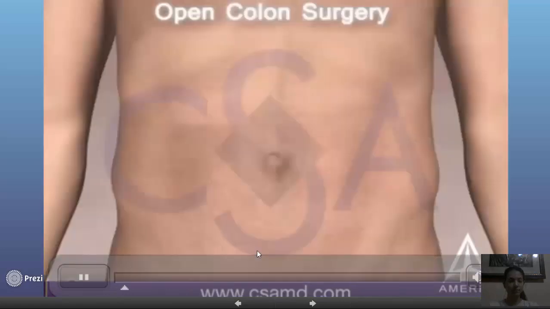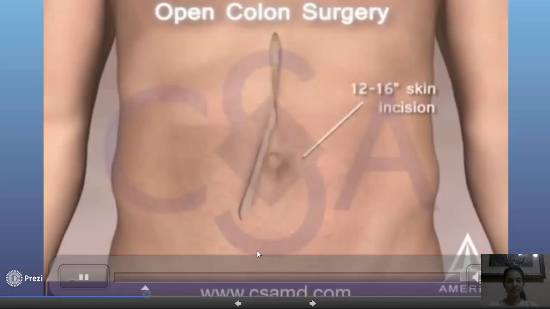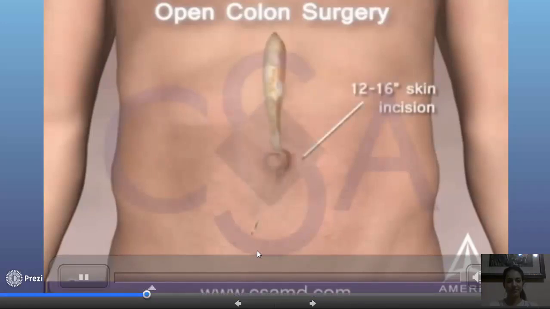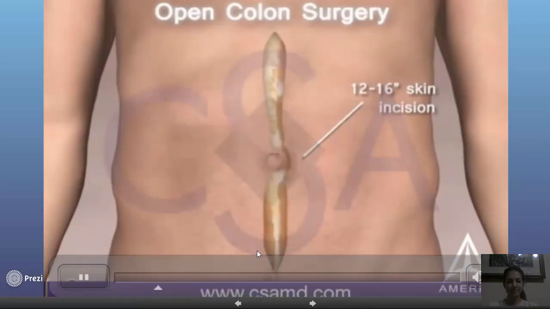Open colon surgery is the traditional method used by most surgeons to remove a segment of colon. This technique requires a large midline incision and is an invasive procedure resulting in a large scar.